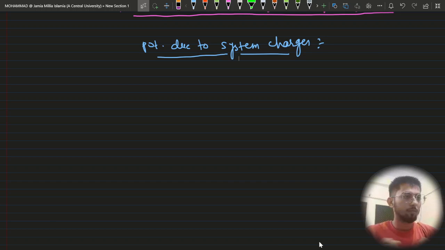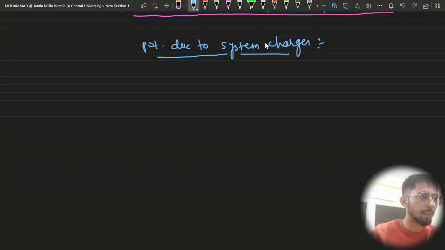So let us find the potential due to a system of charges. A system of charges means that various charges are put in space. Q1, Q2, Q3 might be somewhere here, and we want to find the potential due to all of these charges. It may go up to n, right?